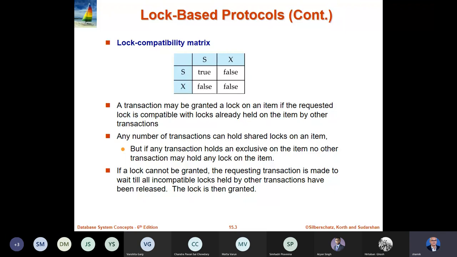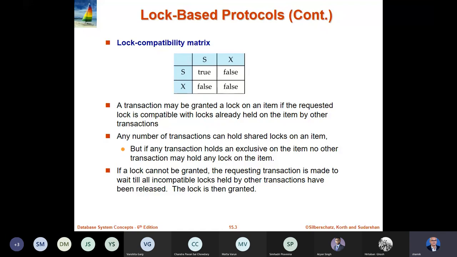But if T1 tries to write to Q and takes an exclusive lock on Q, then T2 should not be allowed to take even a shared lock. Depending on whether T1 is writing Q, and whether T1's written value of Q is to be read by T2, or the value of Q that was there before T1 wrote to it, there is a conflict.